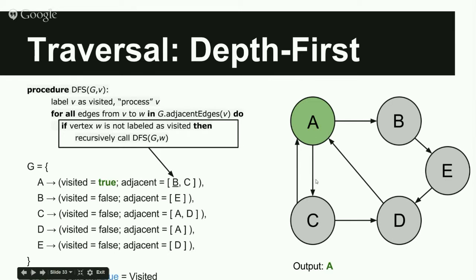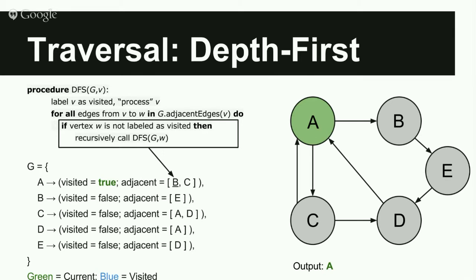Okay, so if we're starting at A, we first label A as visited, so you can see here visited equals true in green, and then we process A. The processing of each of the nodes will just be printing it to our output. So you can see on the right under the graph, output equals A, also in green. Then we go into our for loop and into recursion.